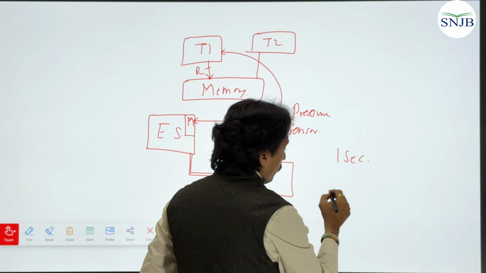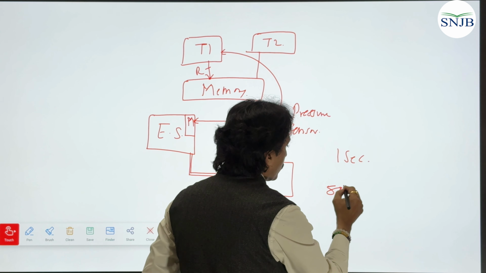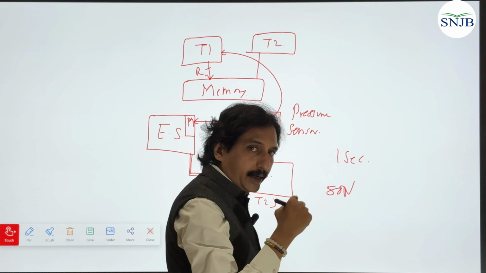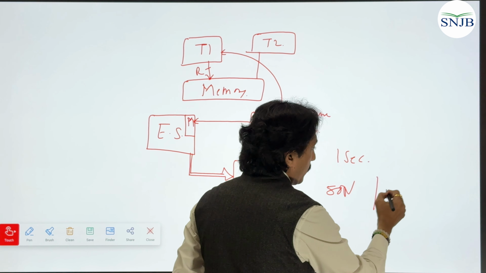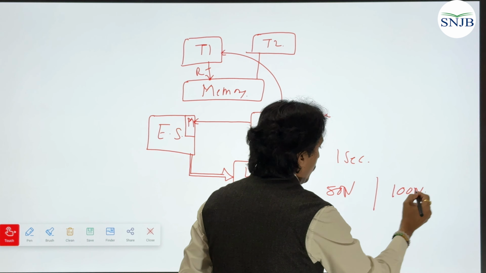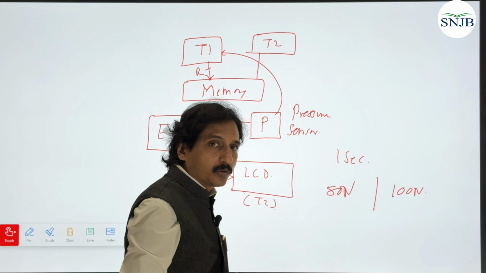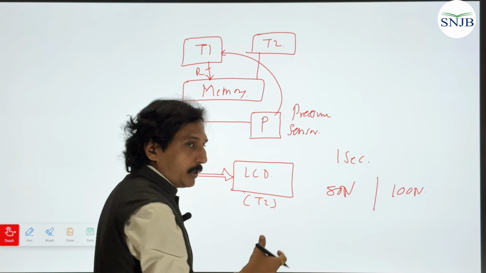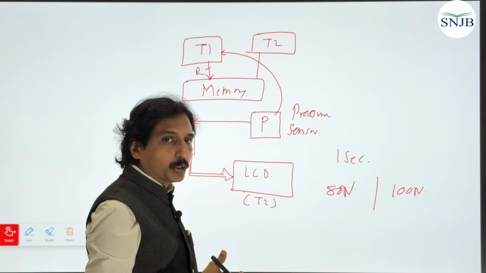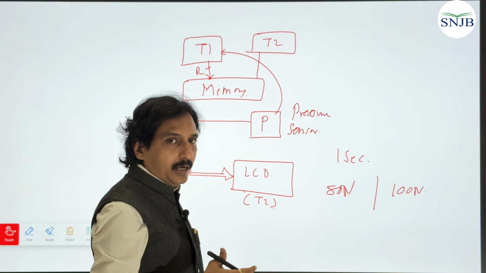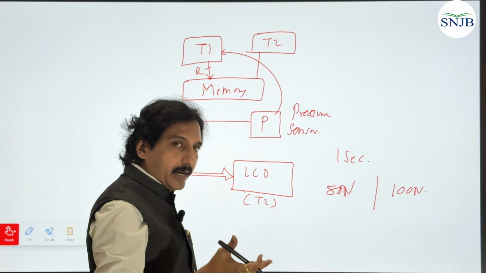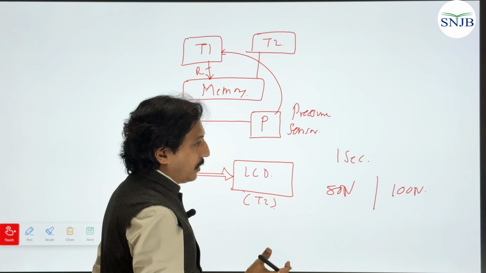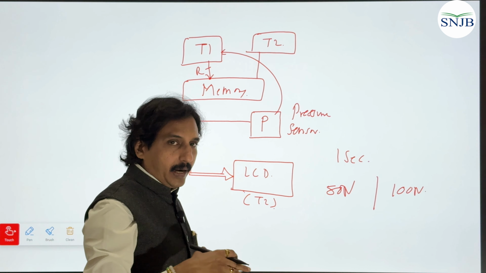If it was 50 newtons 3 seconds back, but currently its value has changed to 100 newtons, it is still showing 50 newtons because this resource has already been taken by the LCD display. So this should not happen. The memory should be shared in such a way that the value is always correct.